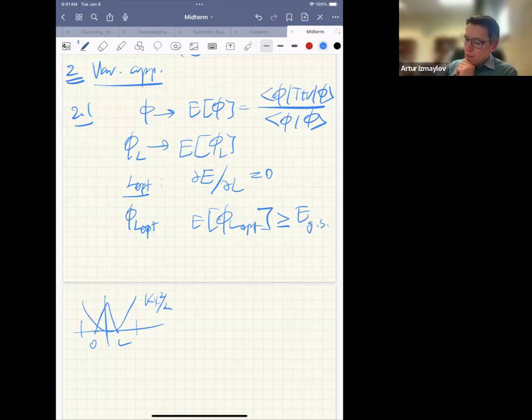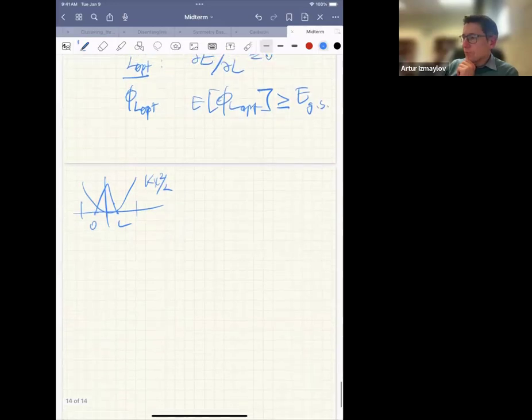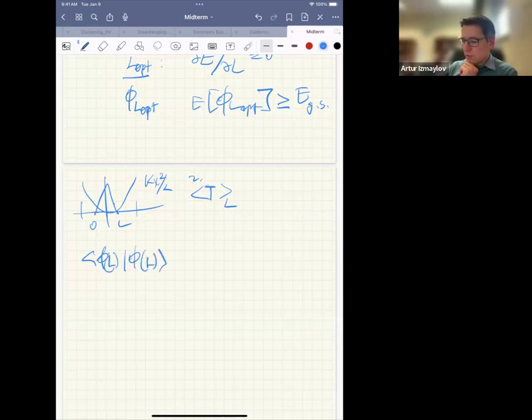Now, let's find T. That's the second problem, right? So T is a function of L. And what helps is to get the normalization of psi of L. Let's do the normalization.